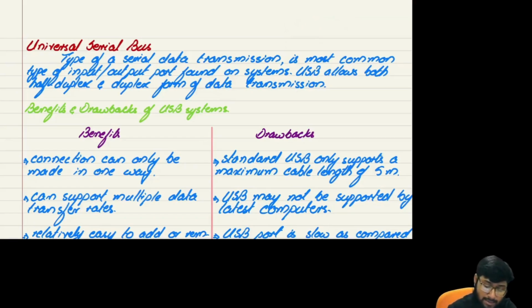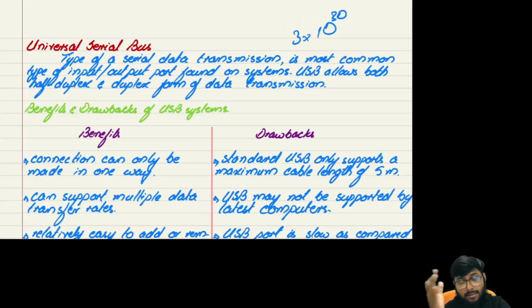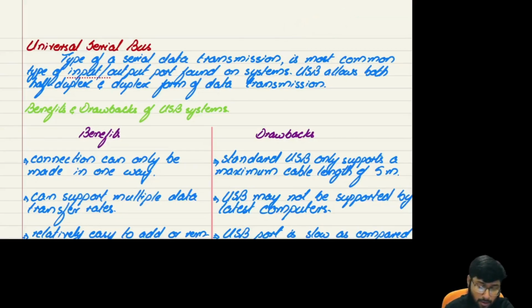So mega is 3 into 10 power, I'm sorry, I'm utilizing a highlighter, 10 power 30. So these many bits are being transmitted per second, or per unit time you might say. Normally it's per second. Okay, so that's the USB port.